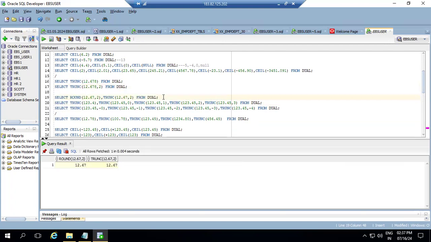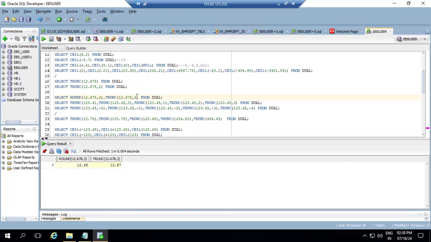If you want, just add 8 here, and there also I will add 8 here. So you can observe, same? It is not the same, it differs. 12.68, 12.67. When it is round, it is adding to the before value. When it is trunc, it shows only the same value, 12.67.